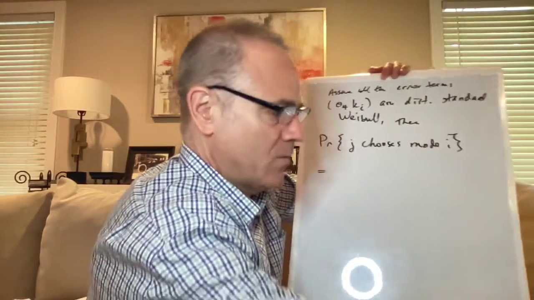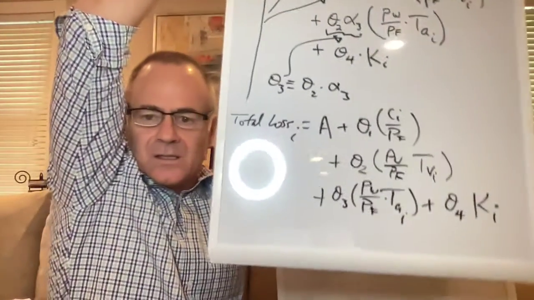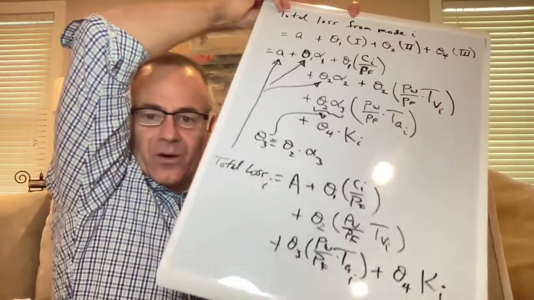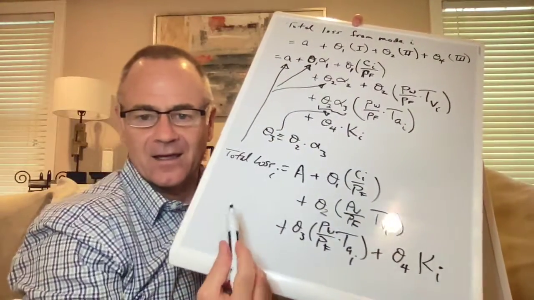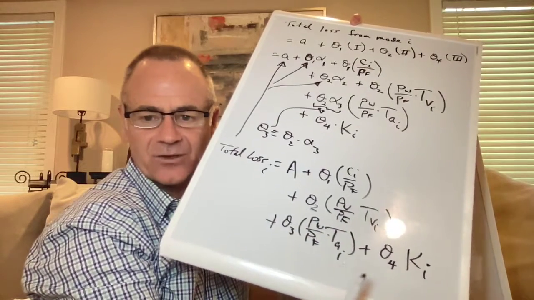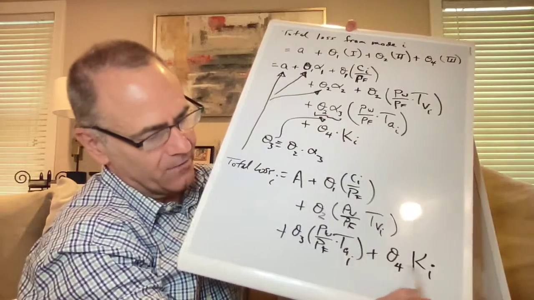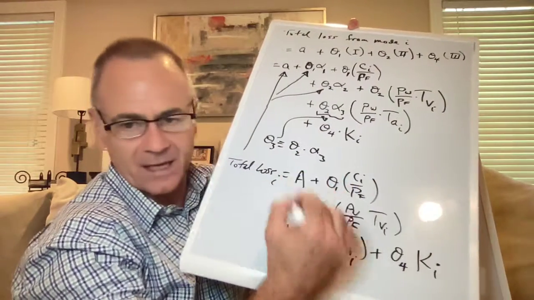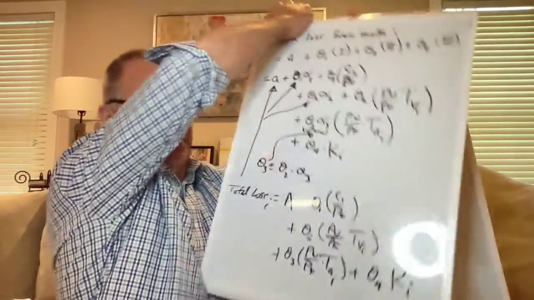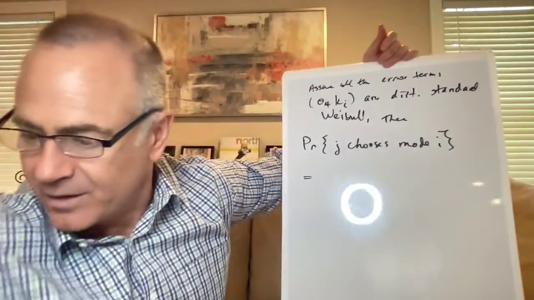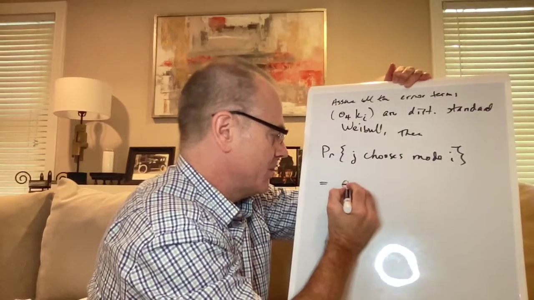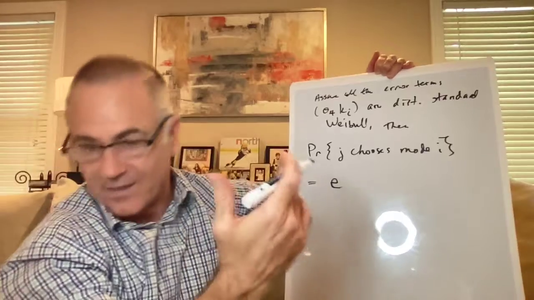okay, so we're going to do the McFadden trick, and what we're going to do is take E to the seen utility. That's these terms. The last term is the unseen utility, that theta 4. So we're going to take everything except for that error term. I'll put it over here so I can copy, and it's going to equal E to that term.